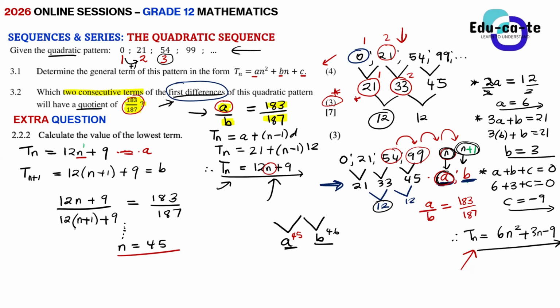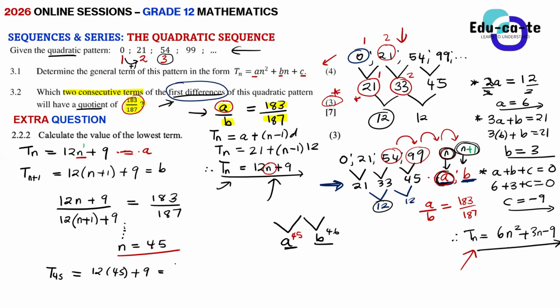So term number 45 is equal to 12 times 45 plus 9. What is 12 times 45 plus 9? Punch in quickly. 549.